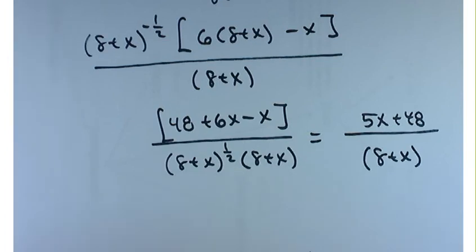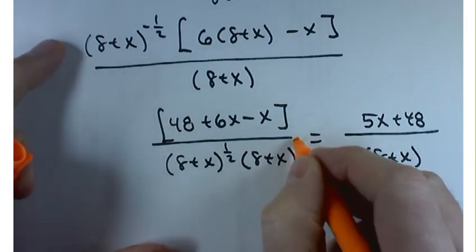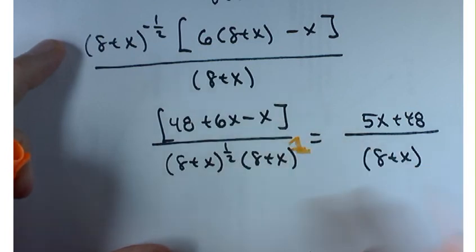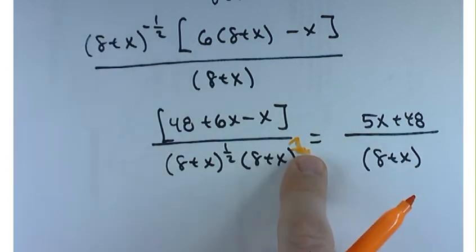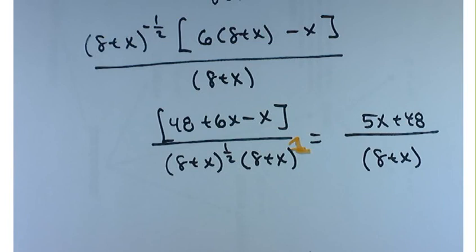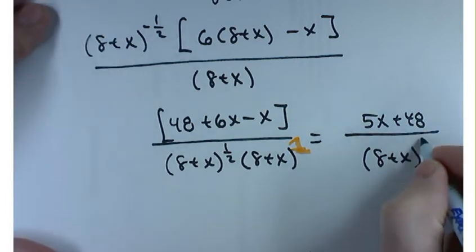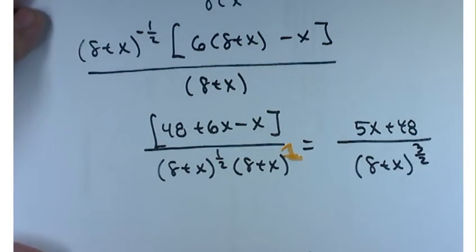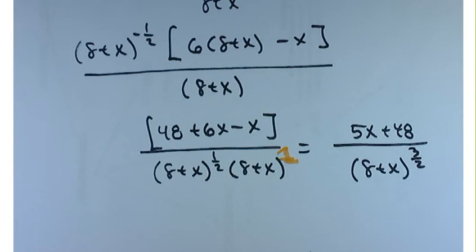And even though it's not written, it's understood that there's a 1 here. So 1 plus 1/2, 1 1/2. Probably just convenient to write that as 3/2. So there you go. That's the exact same expression that we dealt with just a minute ago. It's just in a different form.